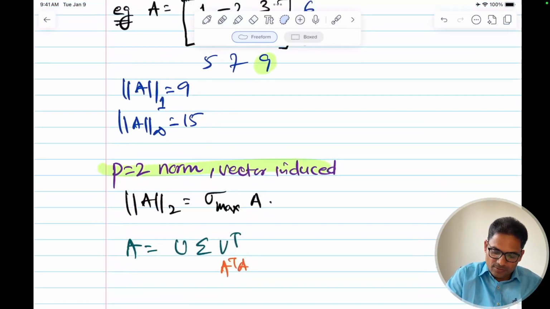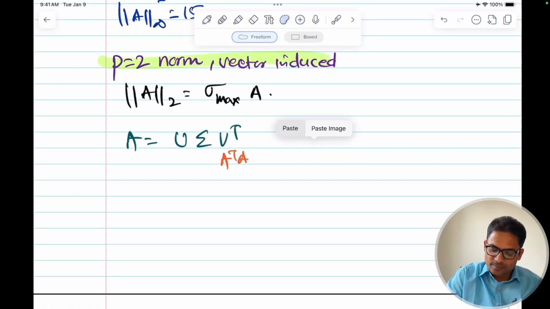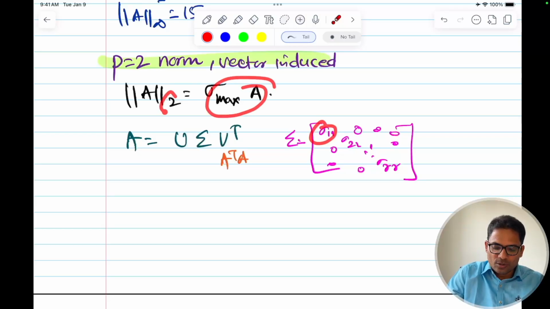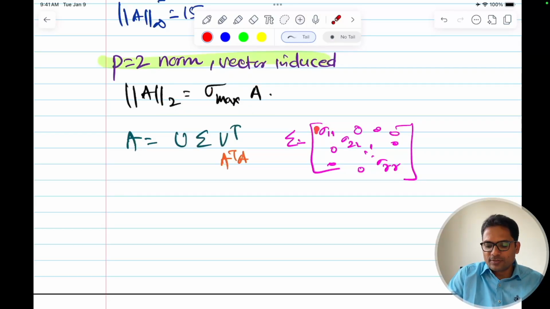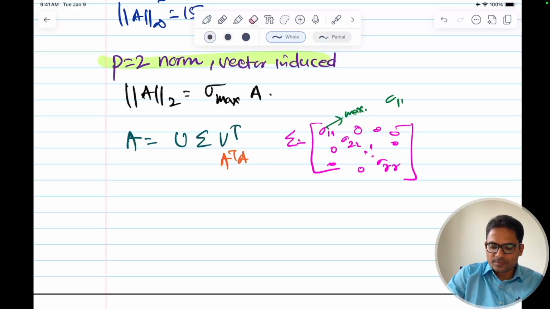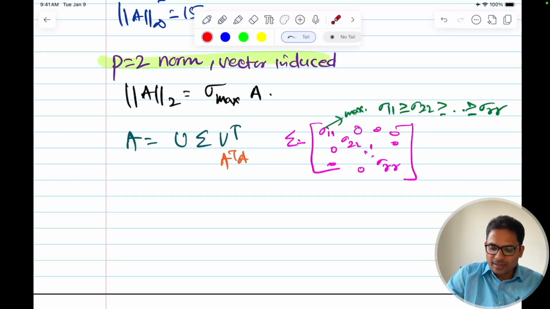If you arrange them in descending order as we did in singular value decomposition, the first one will be the direction of maximum variation, and that's what your A2 norm is. Check the singular value decomposition video if this is not clear. This is the max value by convention: sigma 1 1 is greater than sigma 2 2 is greater than or equal to, and so on, till sigma R R, where R is the rank of the matrix.